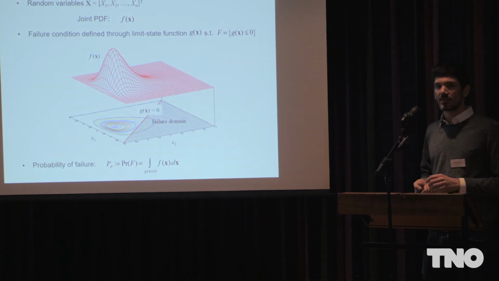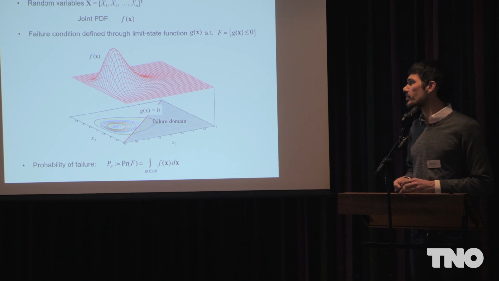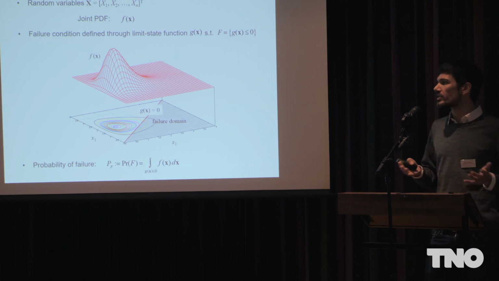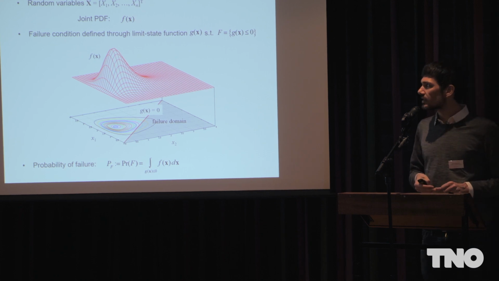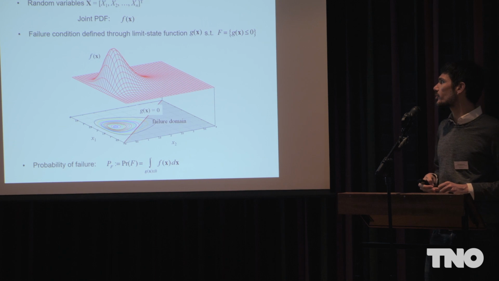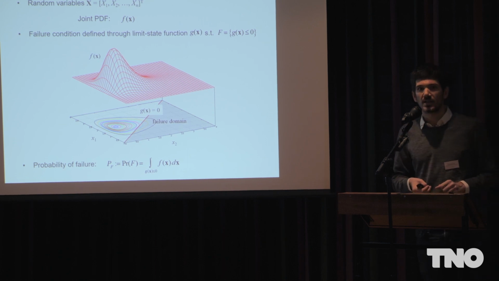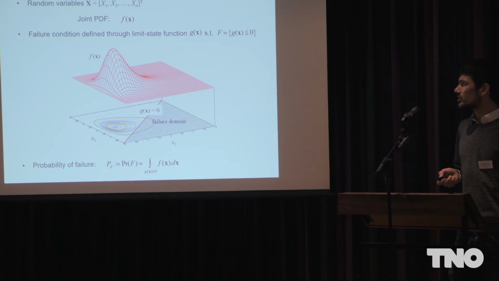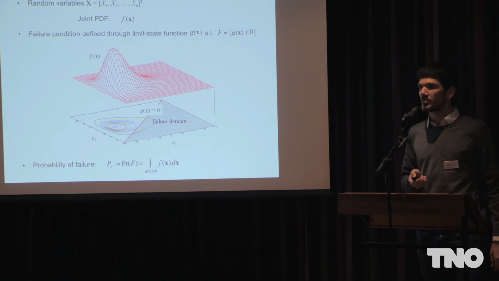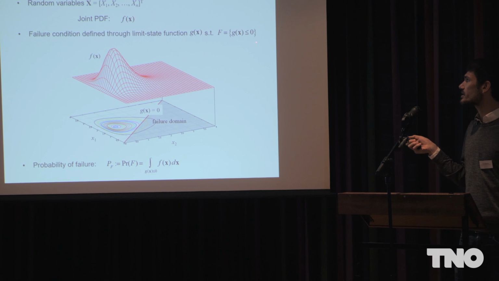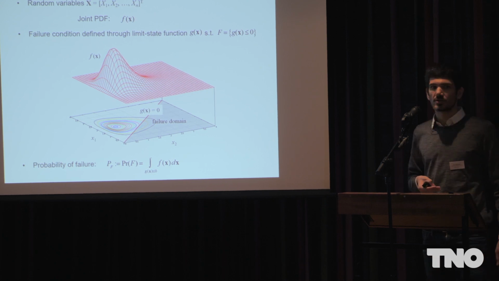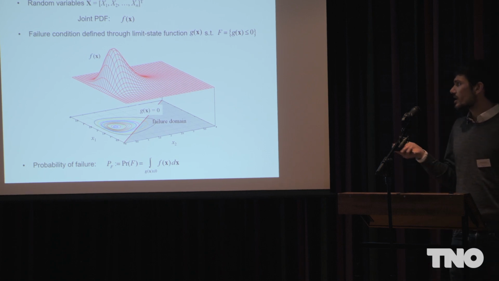So let's try and define the basics. In my presentation, I will model all these random variables through a vector x that is described probabilistically by its joint probability density function f of x. The failure condition of the system is defined through a limit state function g of x, such that negative or non-positive values of this function denote failure of the system.